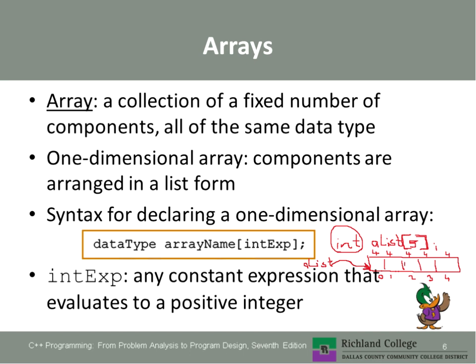When we're referring to a particular value, let's say we want to assign 15 to the index location 2, we have to do that by the subscript operator. So we need to say list subscript 2.